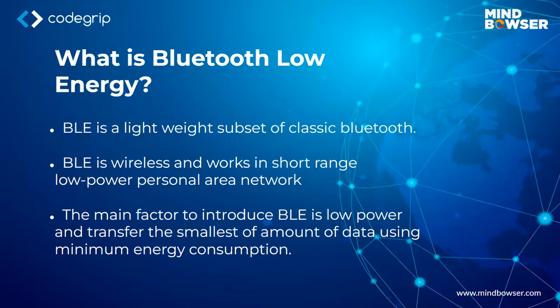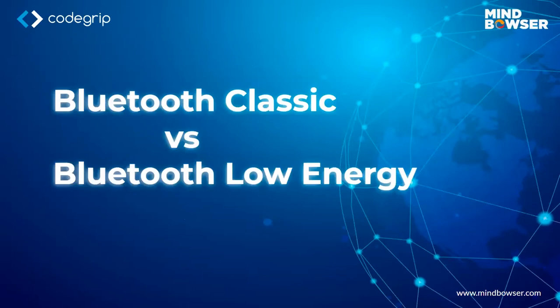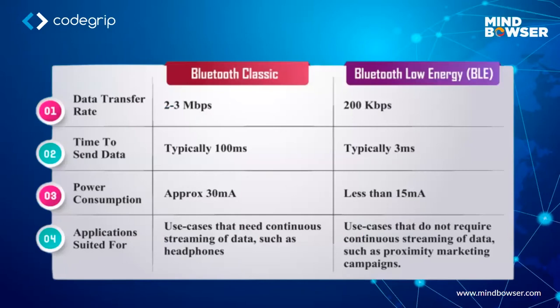So this is the introduction of BLE, and we'll see what is the exact difference between Bluetooth Classic versus Bluetooth low energy. Both are used to connect devices and transfer data for personal and commercial uses.